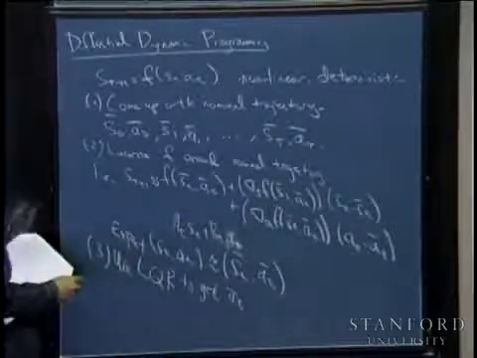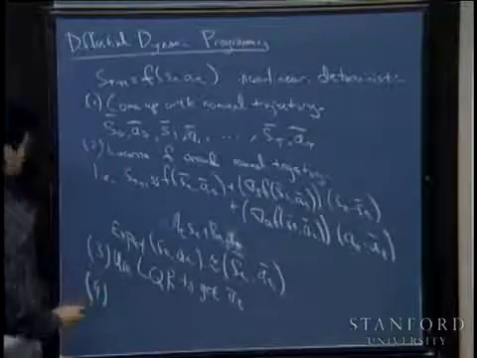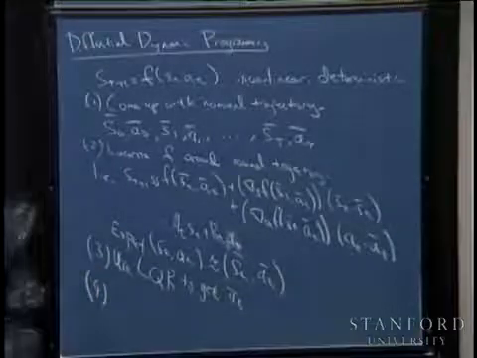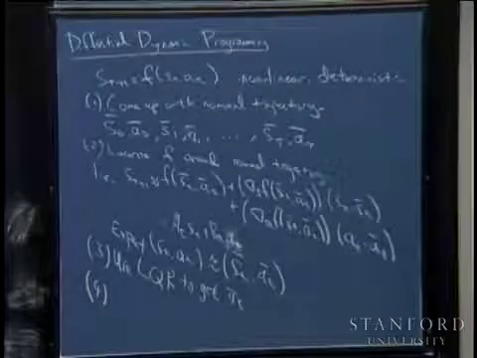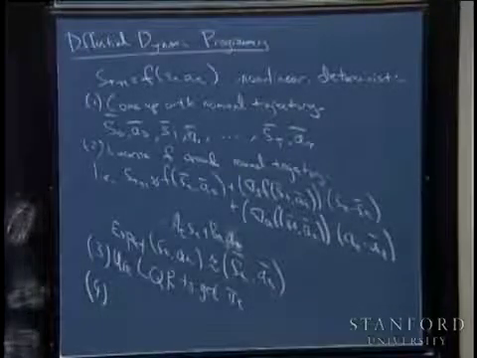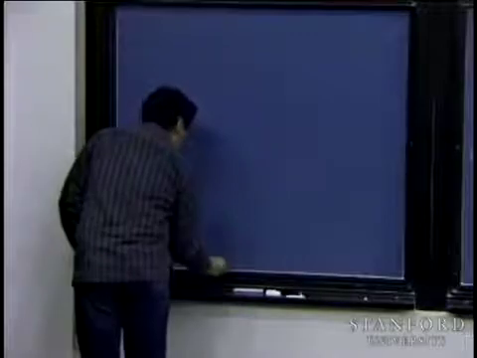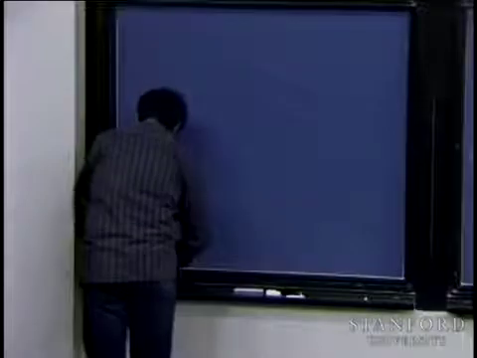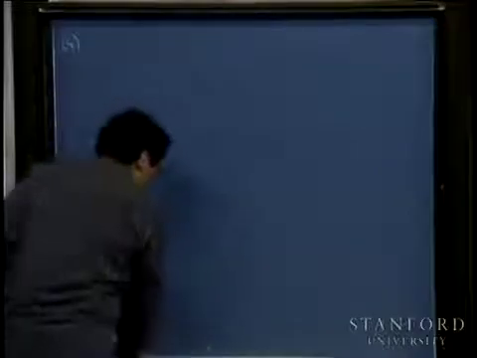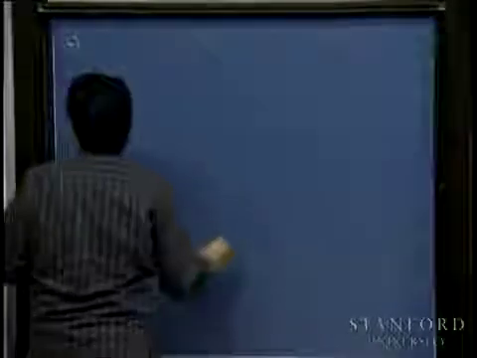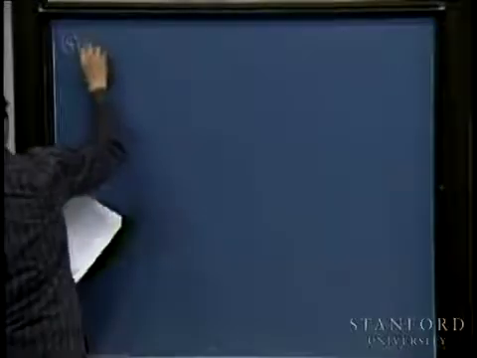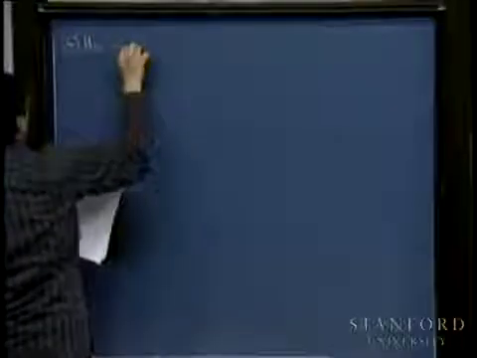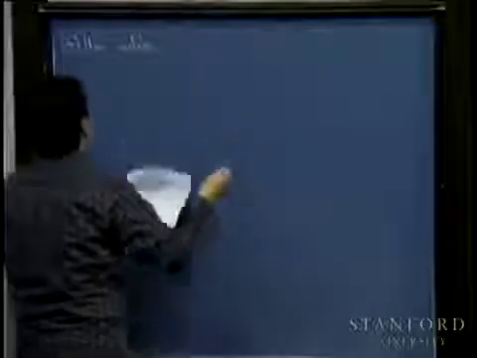And the final thing you do is, let me write this on a different board, I guess. The last step is you use a simulator or model to come up with a new nominal trajectory.